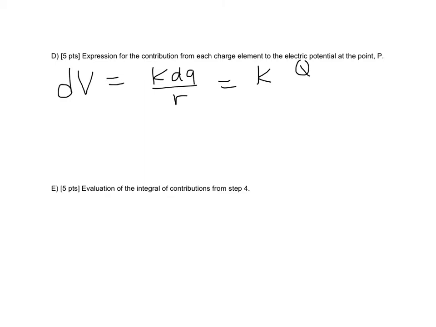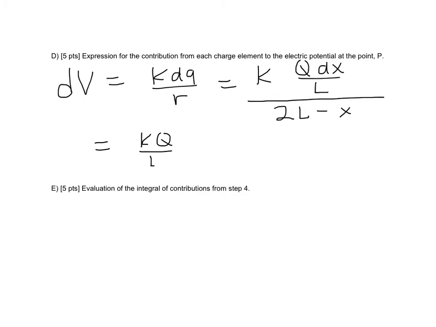That's q dx over L. And the denominator, if you remember, is 2L minus x. So we get kq over L times dx over 2L minus x.